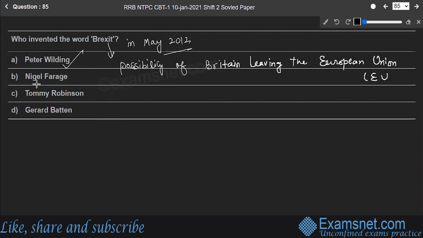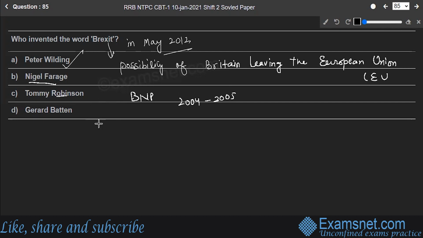If we talk about Nigel Farage, he is a British broadcaster and former politician who was leader of the UK Independence Party from 2006 to 2009 and 2010 to 2016, and leader of the Brexit Party from 2019 to 2021. Tommy Robinson. He was a member of the neo-fascist and white nationalist British National Party BNP from 2004 to 2005.